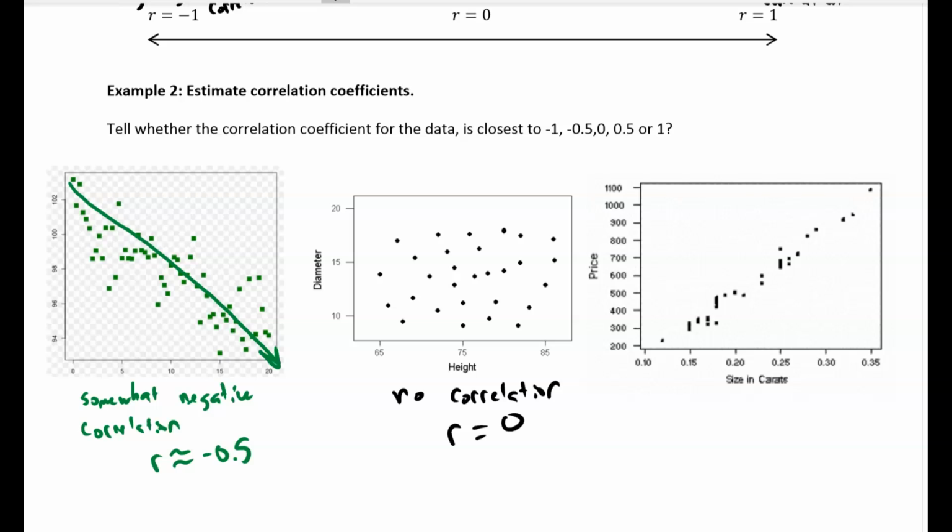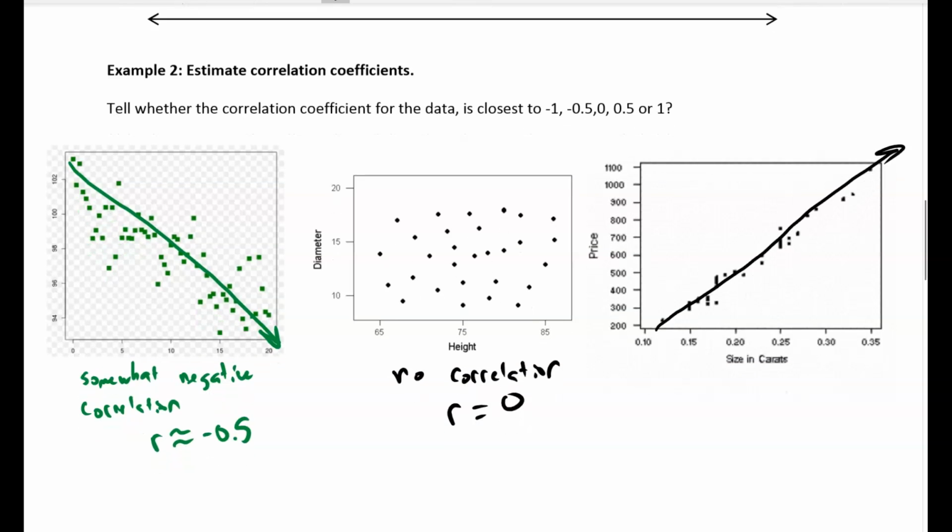And then finally, our third one here. Very clearly, if you draw a line, it's going to be a positive line. So we know there's seemingly positive correlation. Is it strongly correlated or weakly correlated? This one is probably more strongly correlated than the first one. So I would argue some value close to 1, not necessarily exactly 1, because 1 would basically indicate a straight line, but close enough to 1.